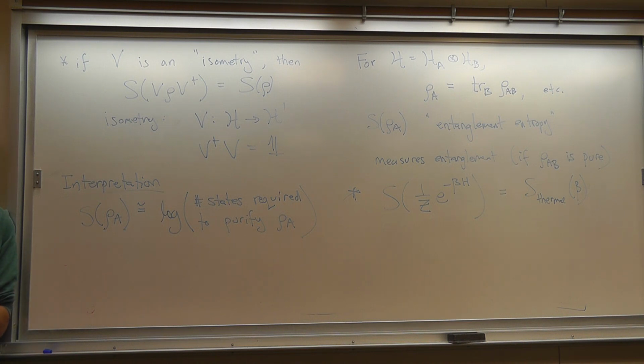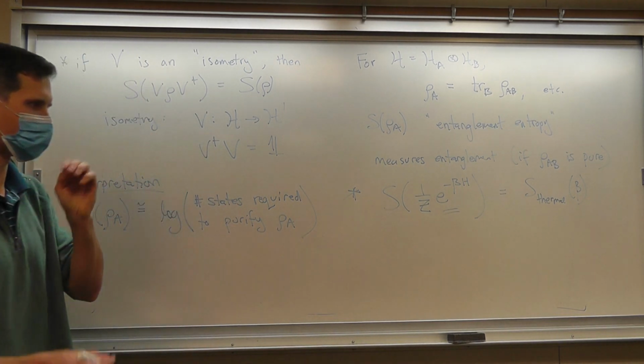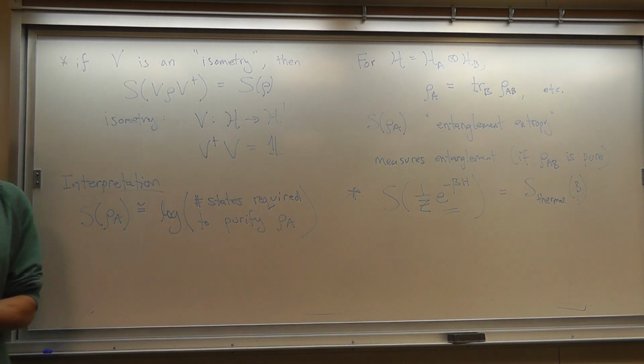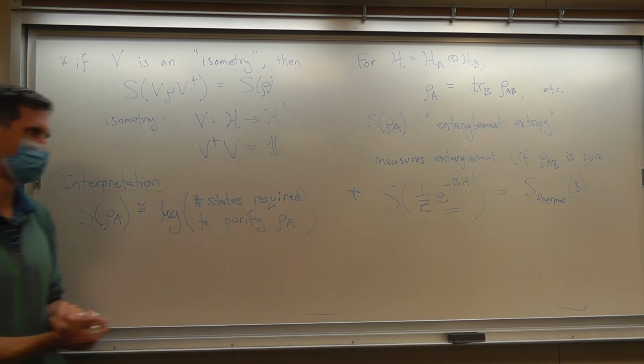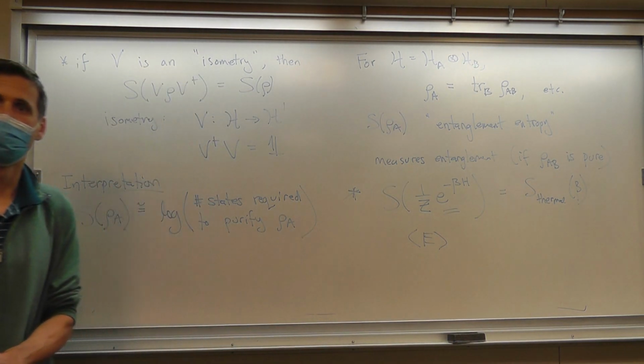One way of thinking about coarse-grained entropies is that they come from maximizing the fine-grained entropy subject to some constraints. So one way of deriving the Boltzmann distribution, e to the minus beta H, is to say you want to find the density matrix that maximizes the von Neumann entropy subject to fixing the energy.